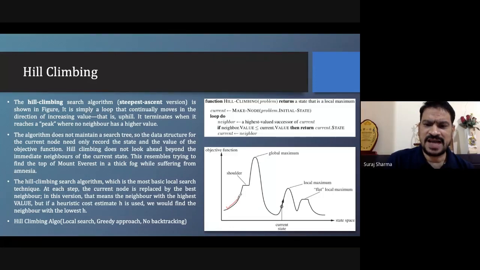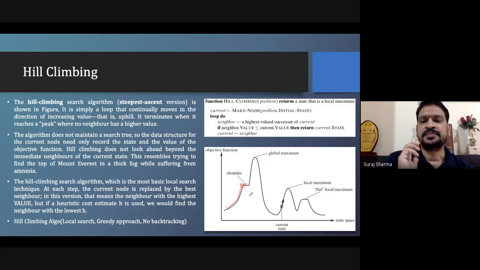You are thinking that I am going up, and when you reach the hill and find a flat surface, you assume that this particular point is your goal, because you cannot see further. Getting it? This is the constraint in hill climbing. Hill climbing says that you cannot see further. Instead, you can see your neighbor node only.